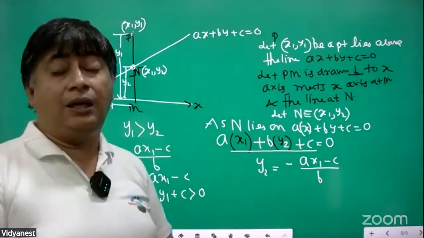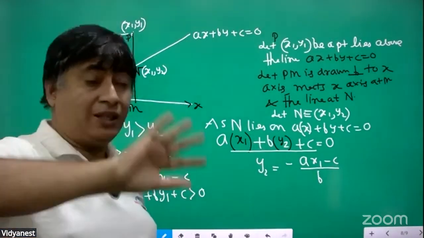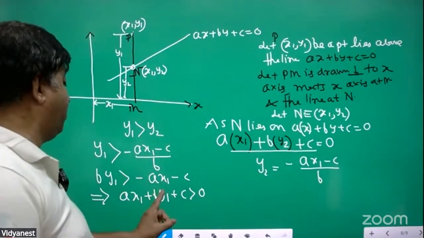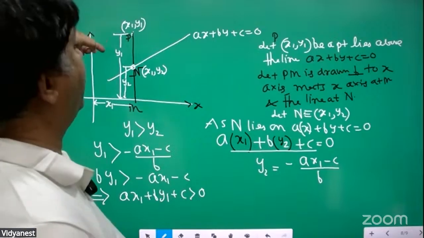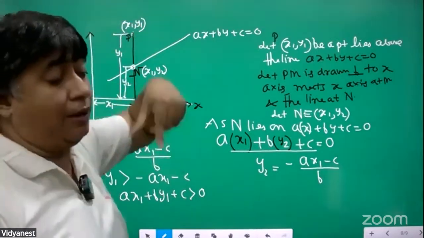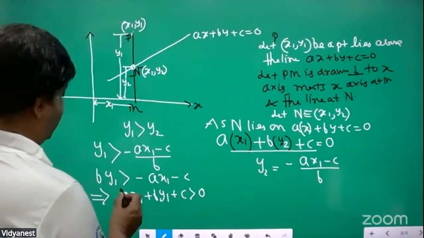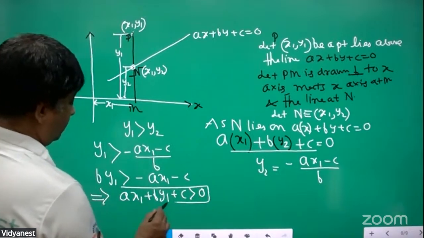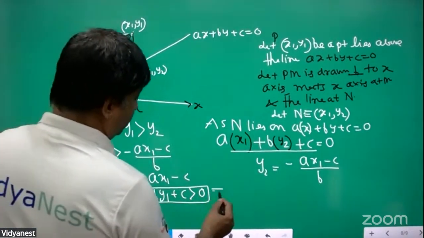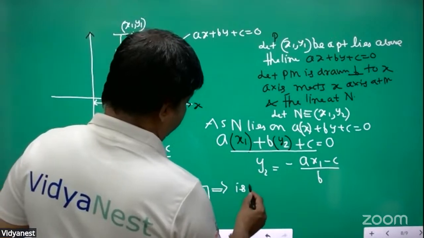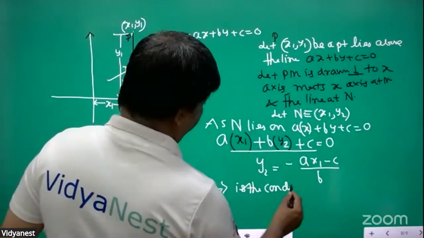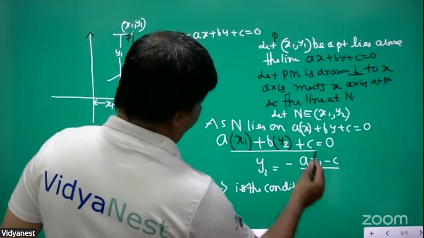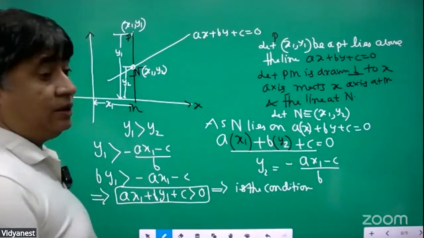That means if I consider in reverse manner, that x1 + by1 + c > 0 means the point (x1, y1) lies above the line. So this is the condition.